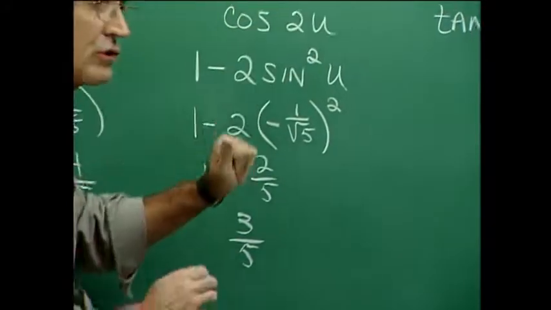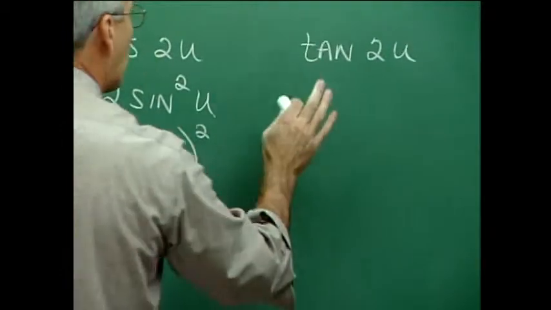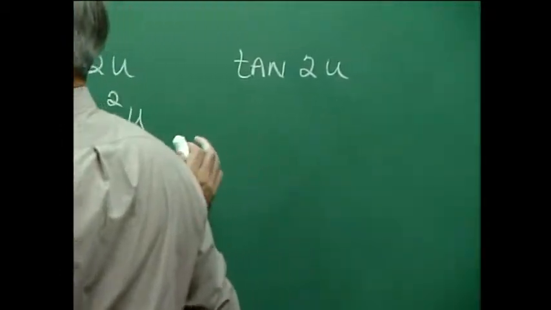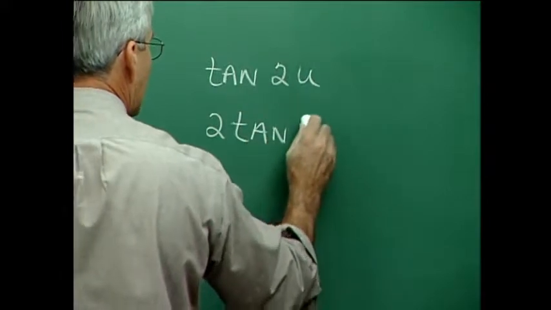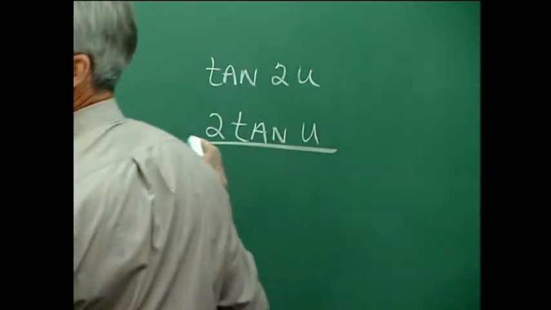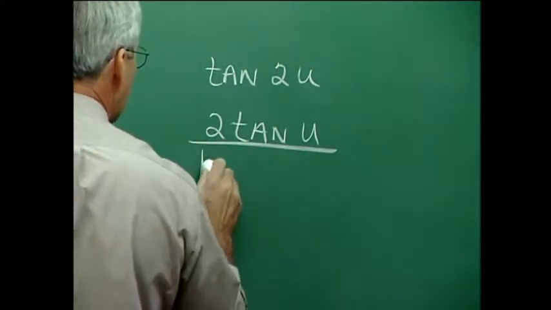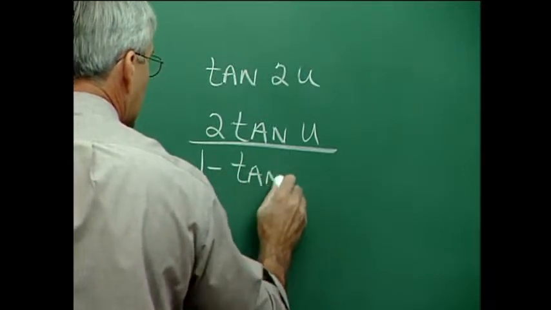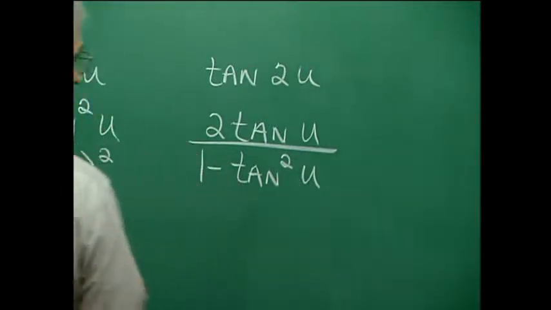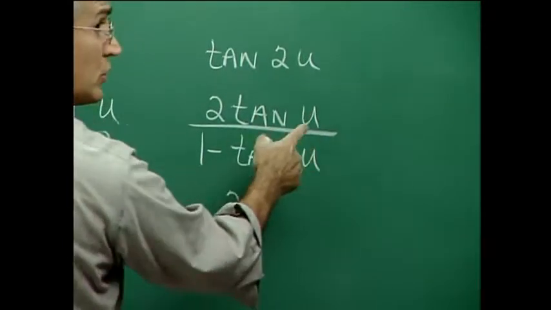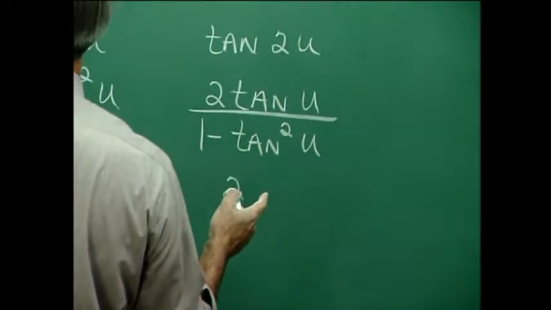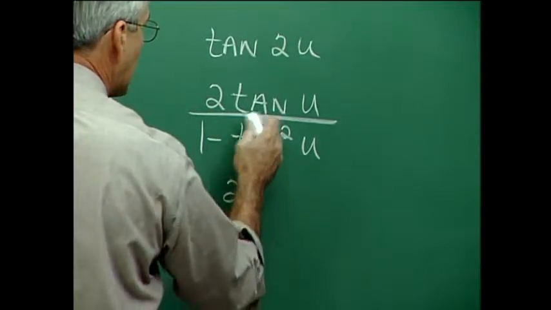Now for tangent 2u, same idea. We just go to the formula, and I'm looking back over there. I know it's a fraction: 2 tangent u over 1 minus tangent squared u. And let's see, 2 tangent u. So 2. Now tangent u was given at the get-go of the problem. So it was 1/2.